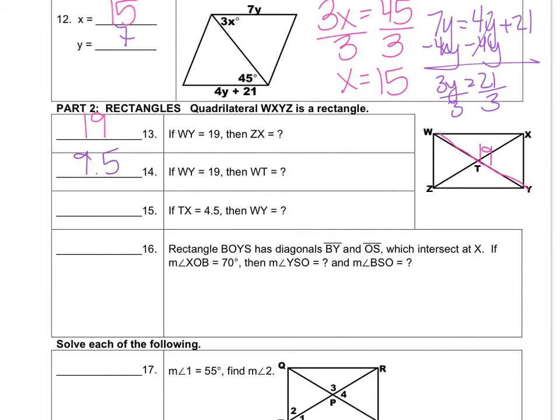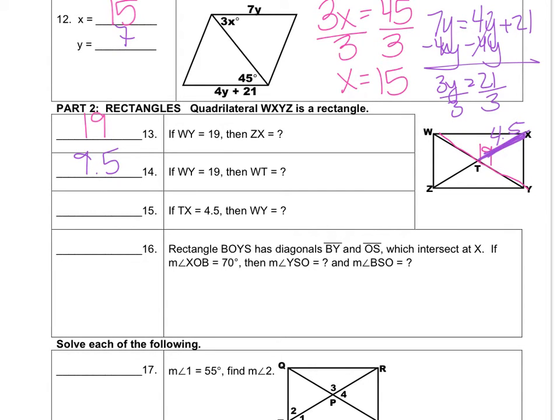Okay, on number 15, you have TX is 4.5. So I'm going to label this diagonal right here as 4.5. You are looking for WY. If you look at your properties, this is a new problem, so that pink should be erased, so just ignore that pink.